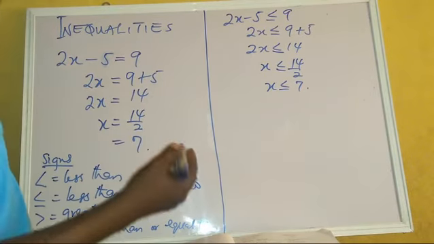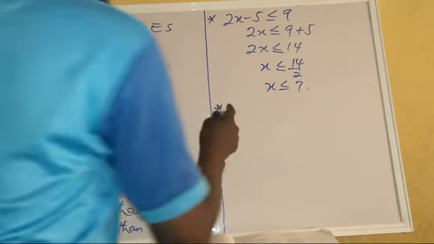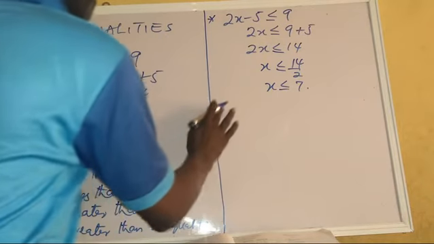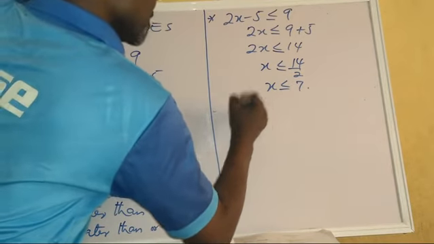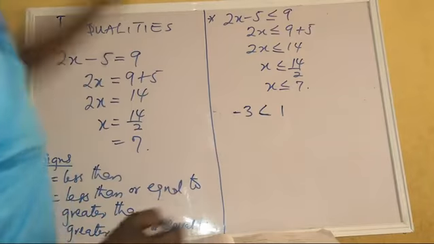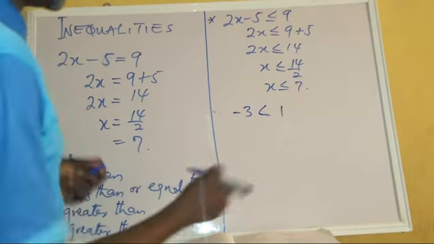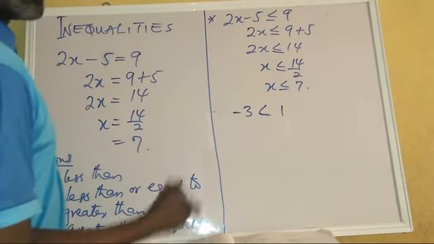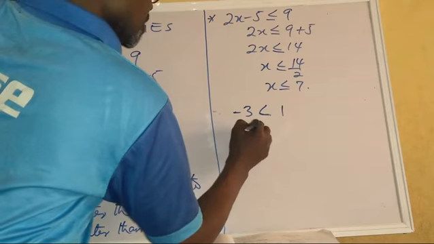For instance, let us look at this example. Before I take that example, let me explain one situation here. If I have negative 3 less than 1, which you all know, negative 3 is less than 1. If I multiply both sides by negative 1, when you multiply this one, it's going to give me 3.